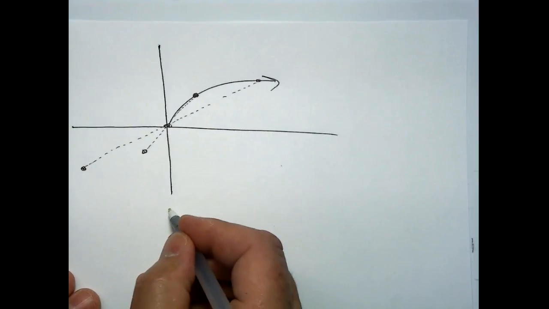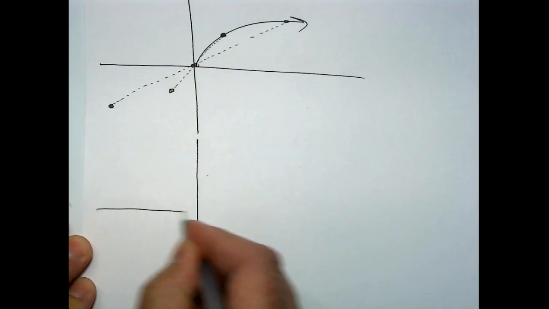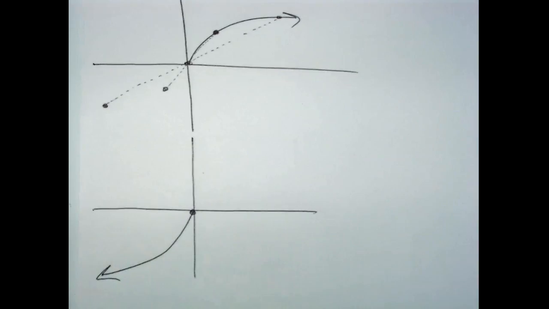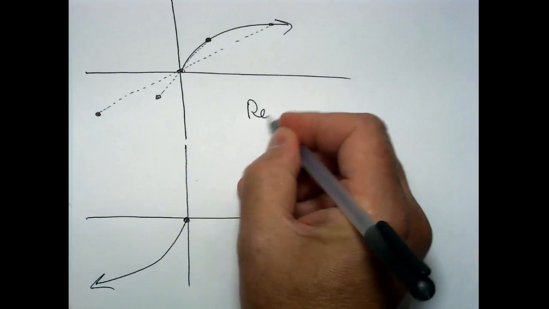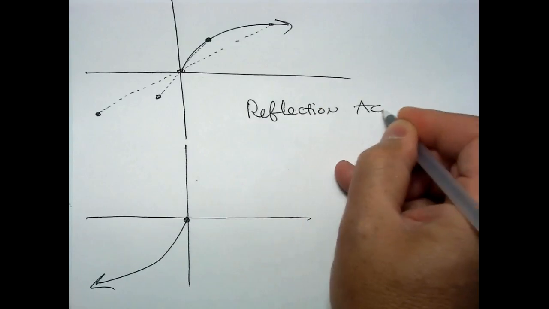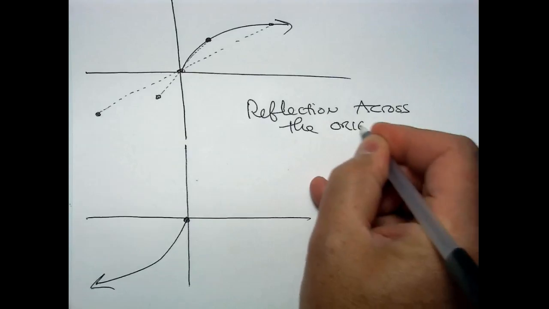Well, ultimately, the reflection will look like this. There it is. So this is a reflection across the origin. And I'll finish with that, at least on the transformations.